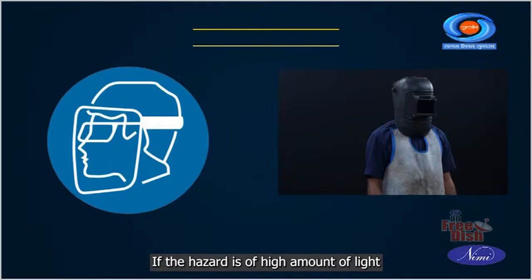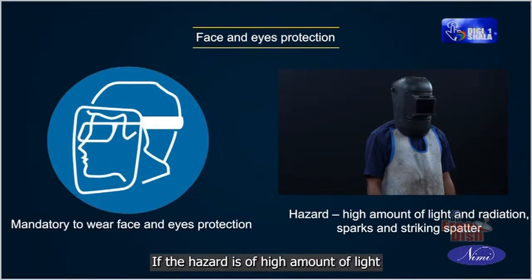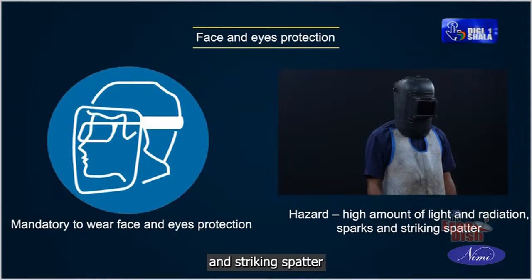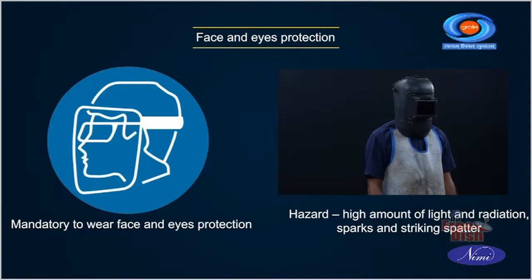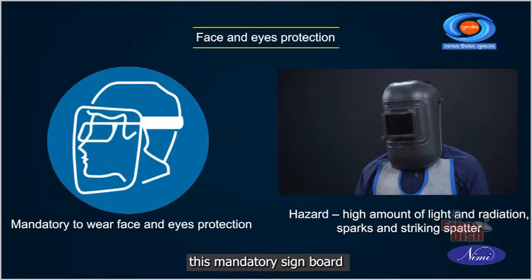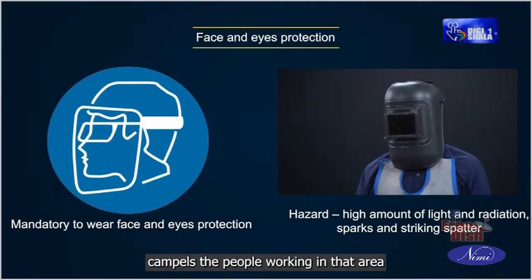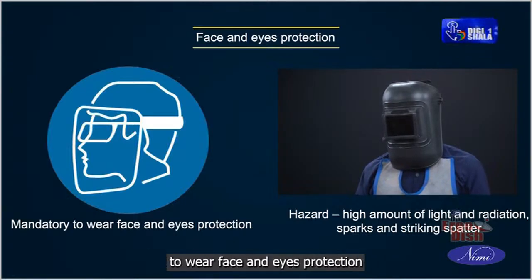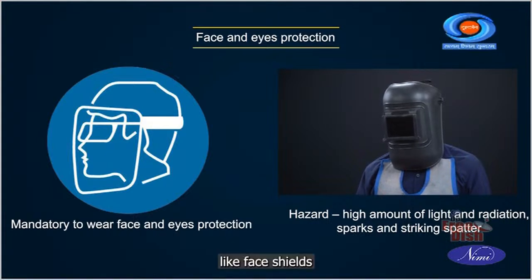If the hazard is of high amount of light and radiation, sparks and striking spatter, this mandatory signboard compels the people working in that area to wear face and eyes protection like face shields.